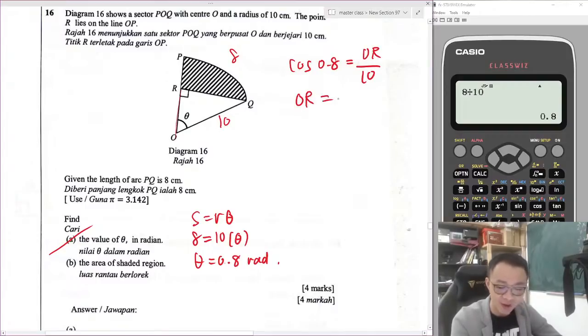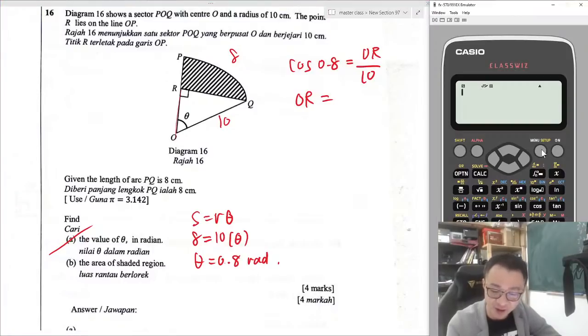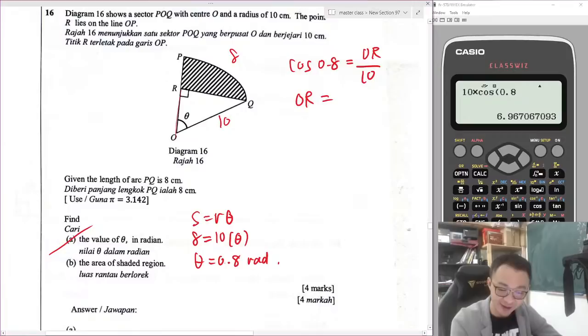So OR is, change the calculator to radian, shift menu, angle unit, radian, 10 multiplied by cos 0.8. So the length will be 6.967.